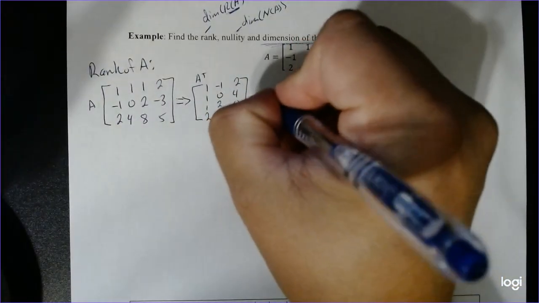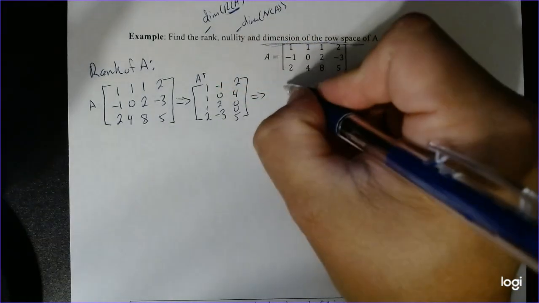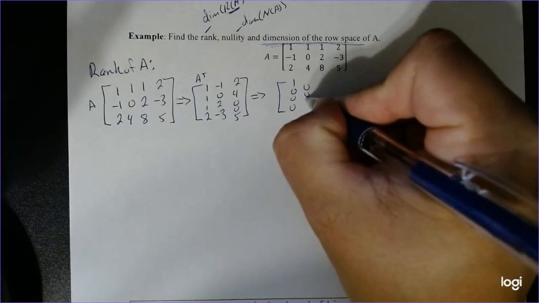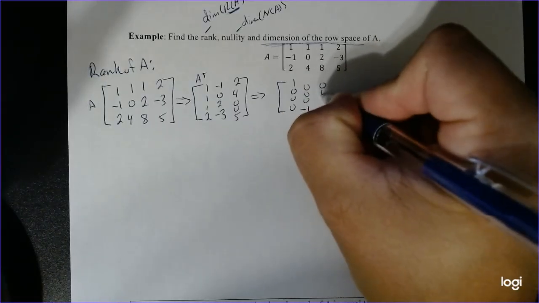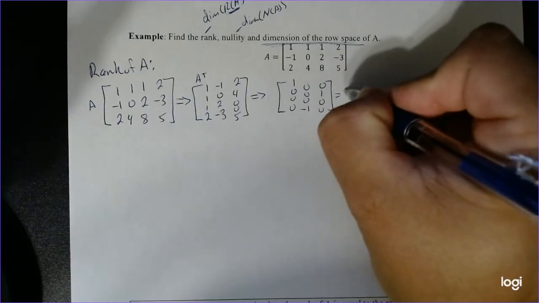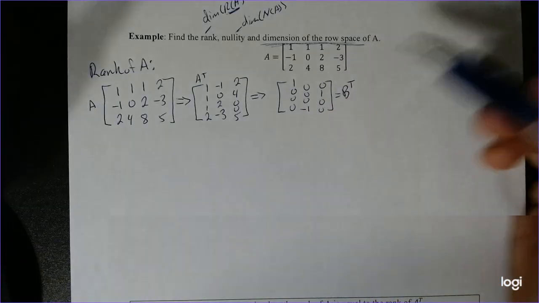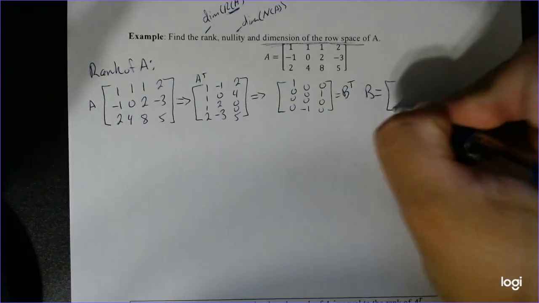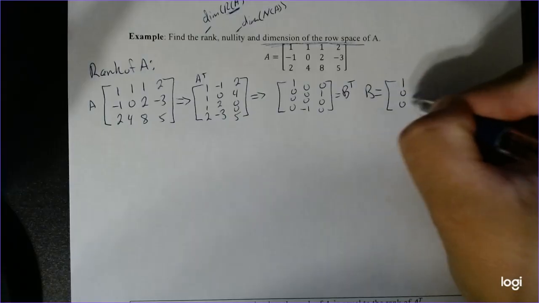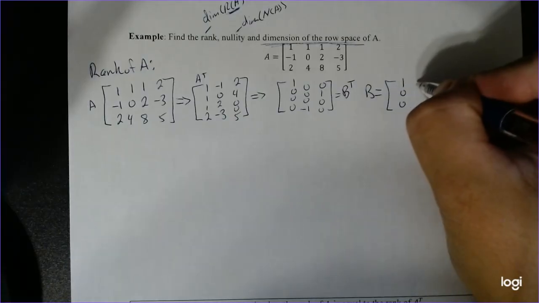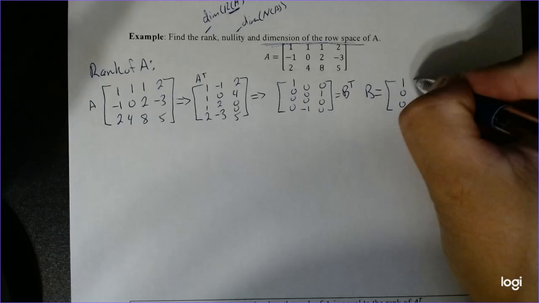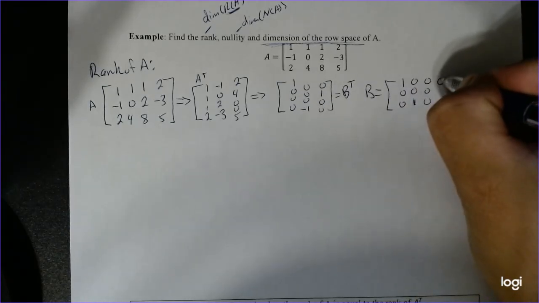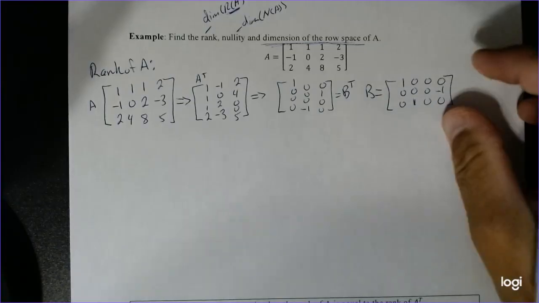Okay. So breaking this all the way down, we end up getting something like this, which equals B transpose. So again, using that theorem and then reverting it, therefore B is going to equal 1, 0, 0, yeah, 0, 0, 1, zeros in the middle, and then that one there.